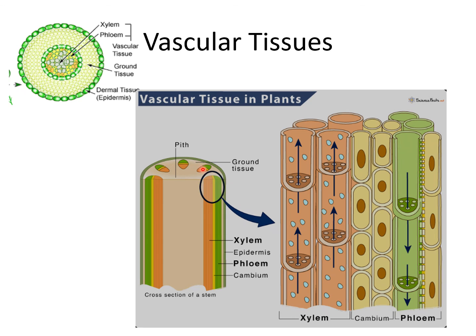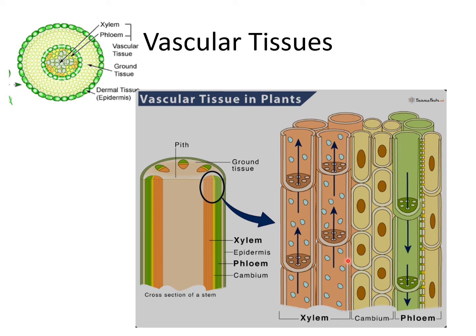As in case of this particular section, we can see here that this orange part represents the xylem and the green ones, they are the phloem. Phloem is responsible for the food transport and xylem is responsible for the water and mineral transport. Together, vascular tissue is responsible for the entire nutrient, mineral and water transport.